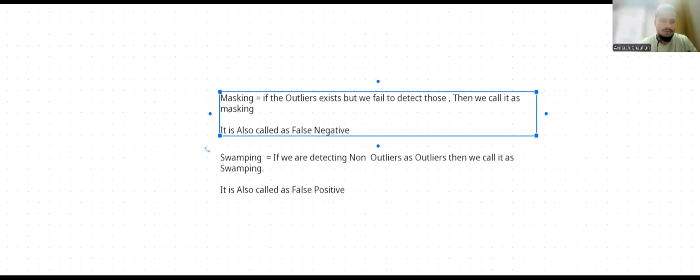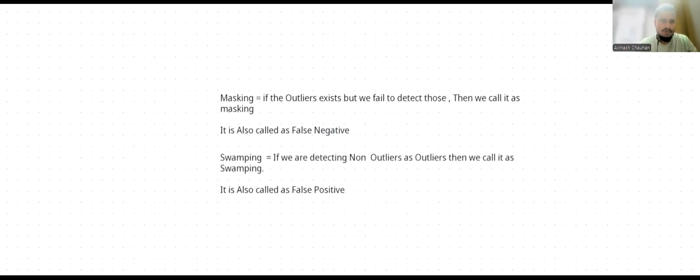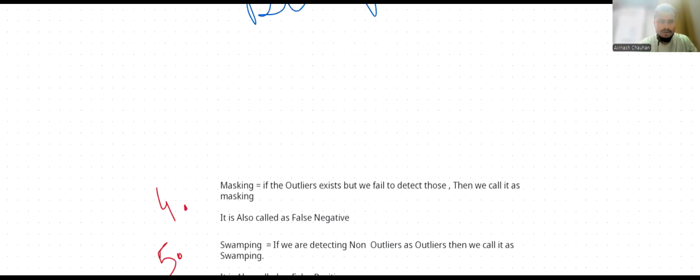So this was my fifth point, and my fourth point was masking.